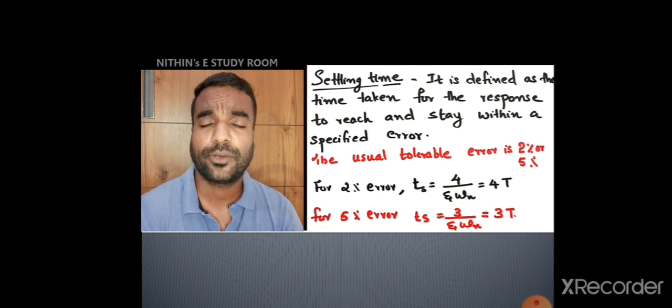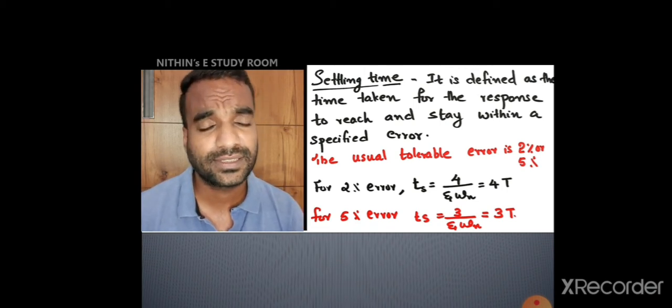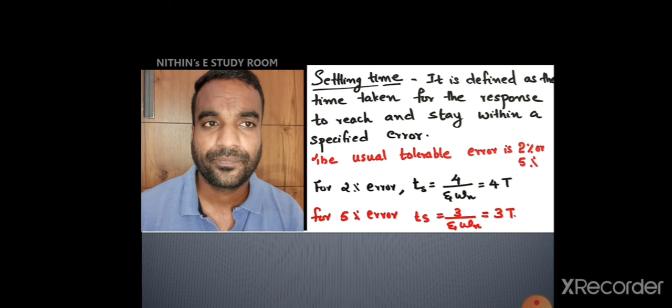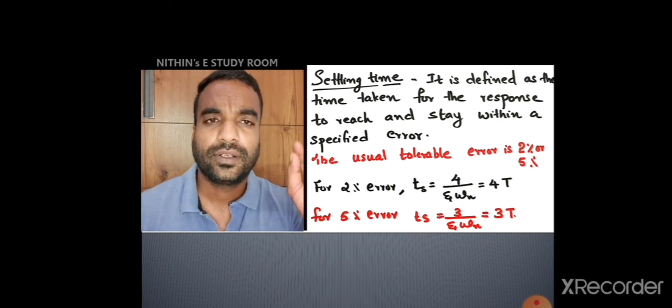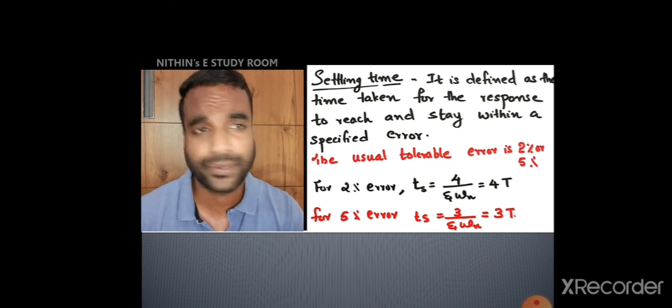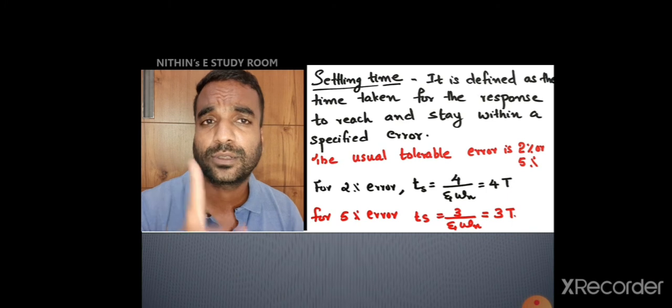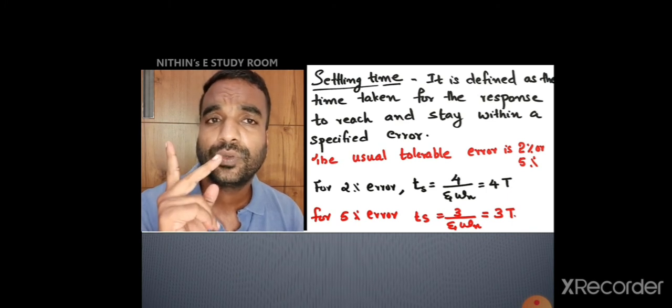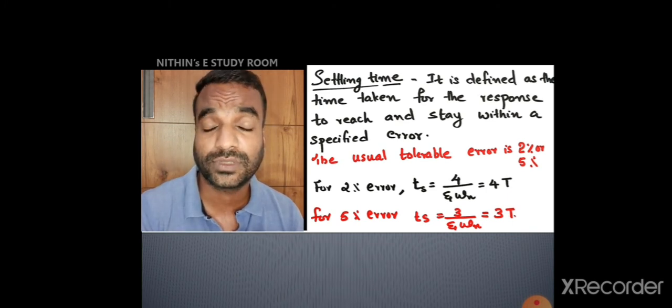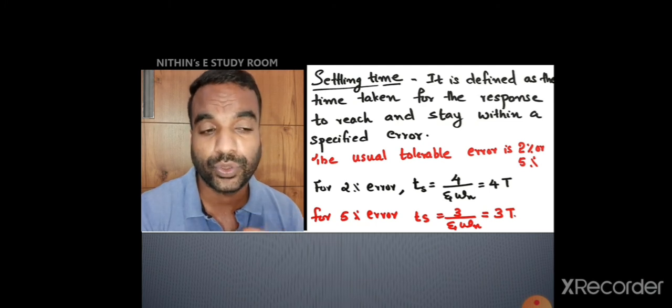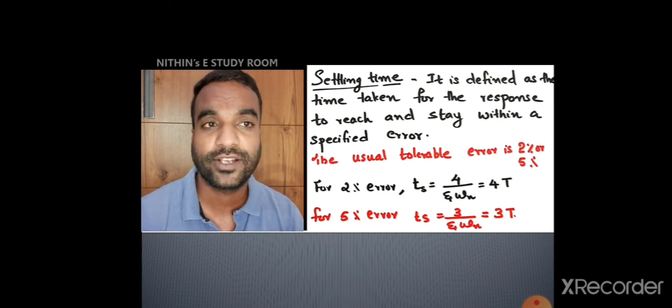1 by eta omega n is known as the time constant, T. For any system, you may have an eta value and an omega n value, and 1 by eta omega n is the time constant of that particular system. For example, omega n is equal to 1 and eta is equal to 2. What may be the time constant? 1 by 2 into 1, that is 0.5 second.